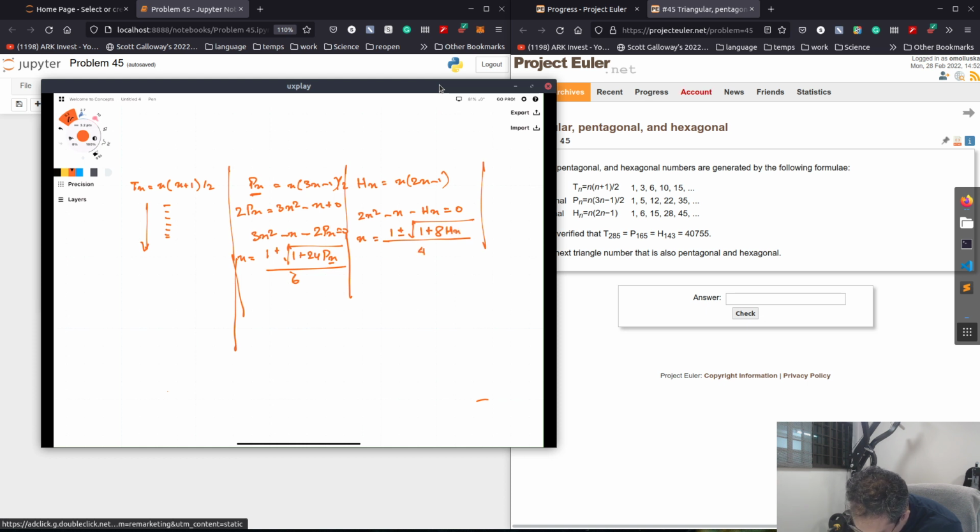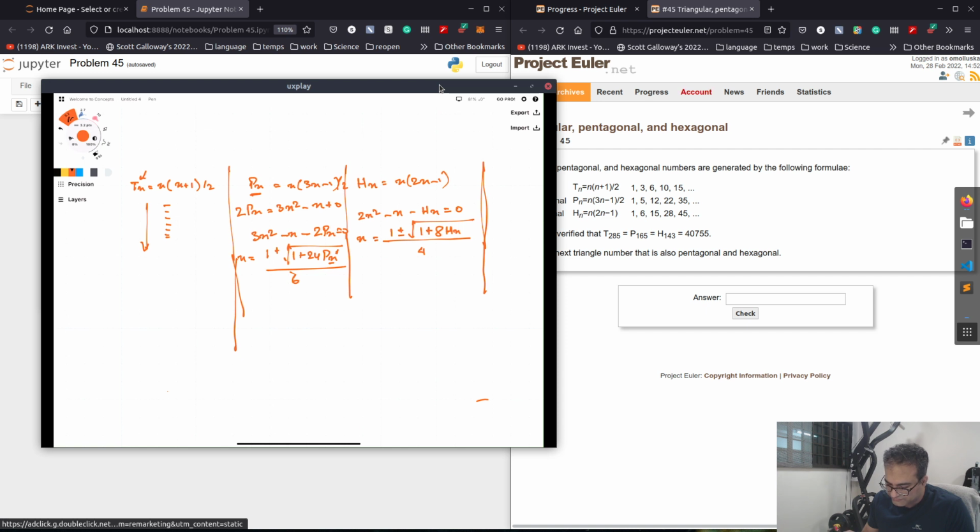So if this becomes an integer given Hn, then in this case Tn is going to be equal to Pn and Hn, and under those circumstances we have to check whether this is going to be equal to an integer. So that's the one that we have to check.